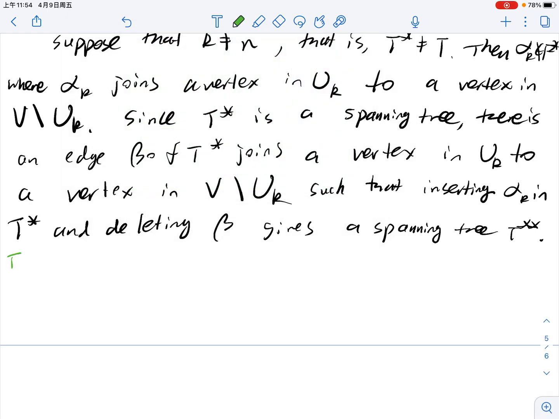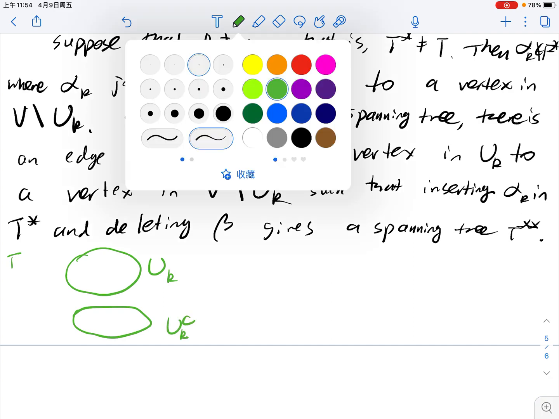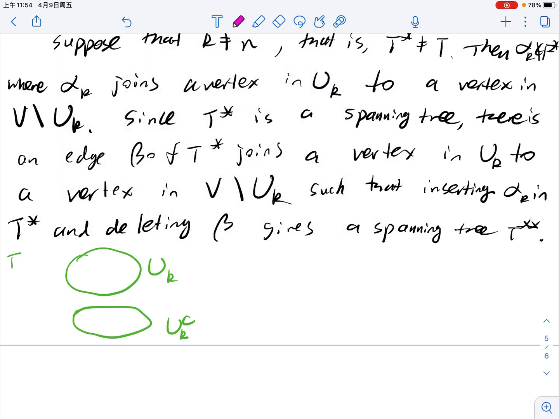Here I would like to draw a picture to illustrate this. Suppose this is U_k, this is the U_k complement, and this is your alpha. Because it's a tree, after adding alpha, you can find a cycle containing alpha.